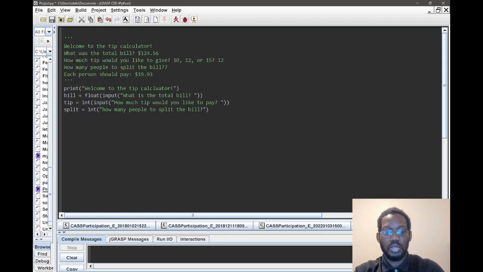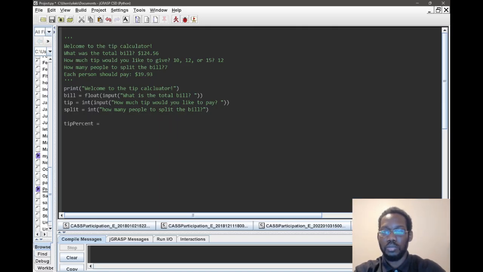Now before we put the last print statement, we would calculate the split as well as the tip. So let's call it tip percent actually.